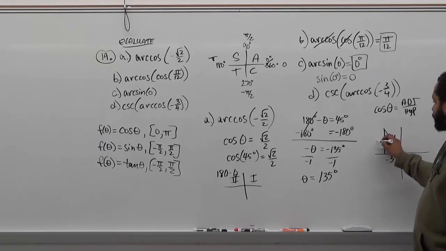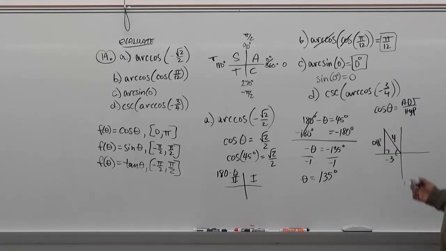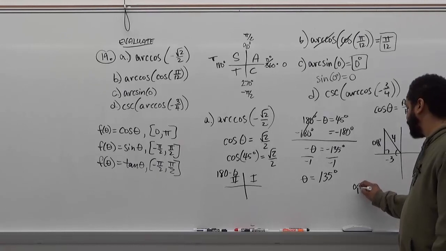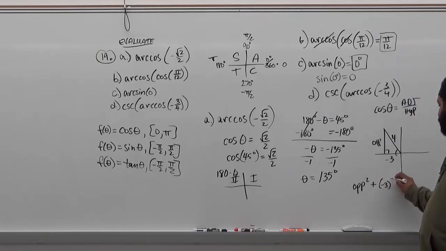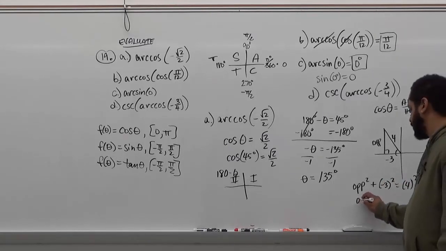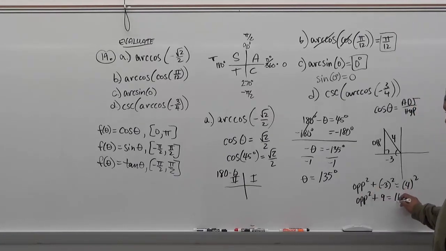So we have to solve for this opposite side. And we use the Pythagorean theorem for that. So you have the opposite squared plus the adjacent squared, which is negative 3 squared, is equivalent to 4 squared. We solve. The opposite squared plus 9 is equal to 16. We subtract the 9.